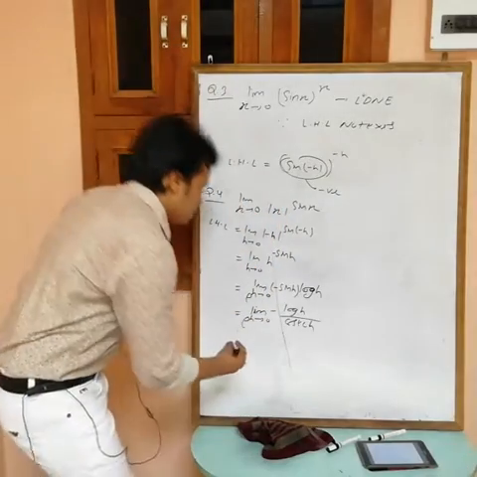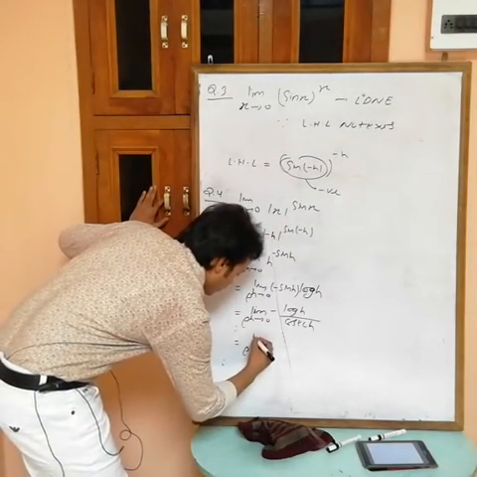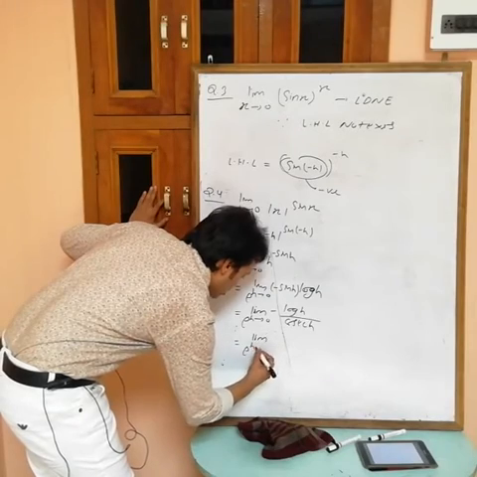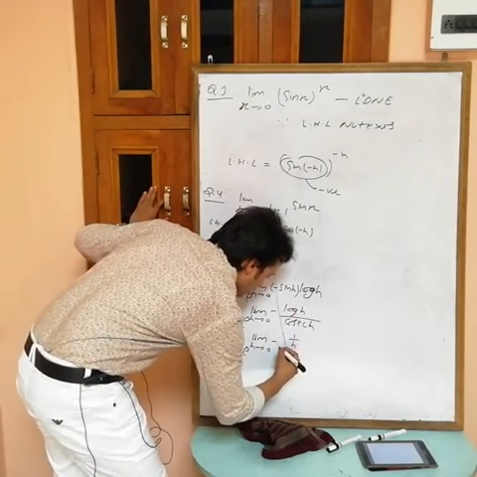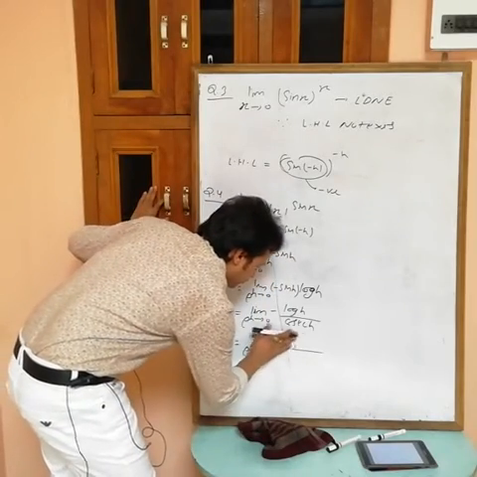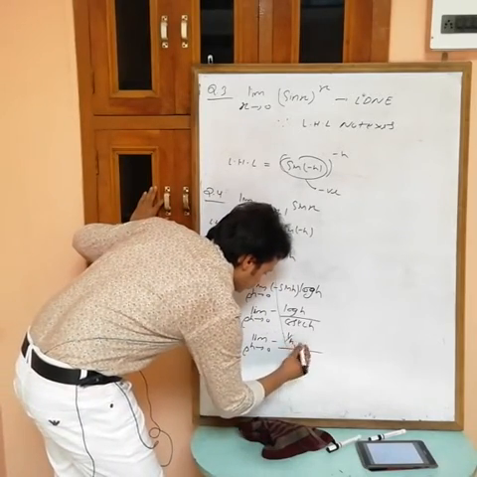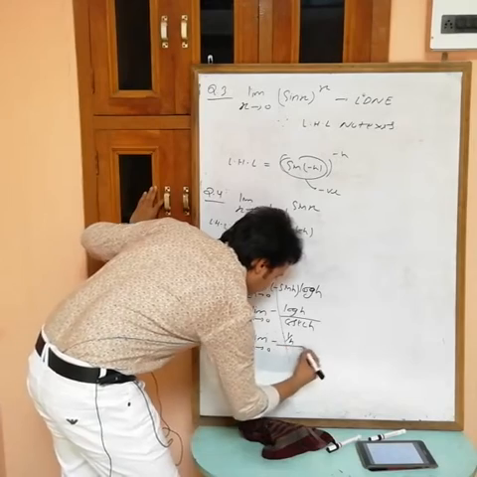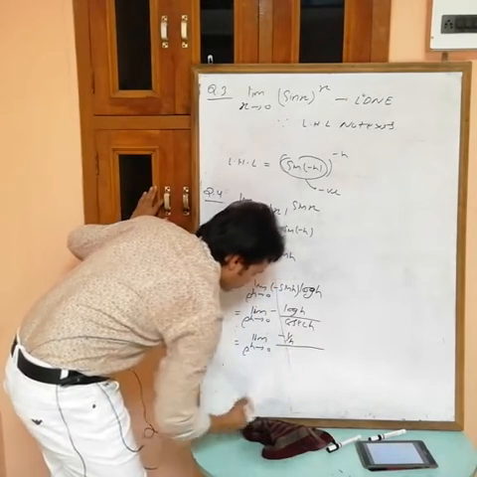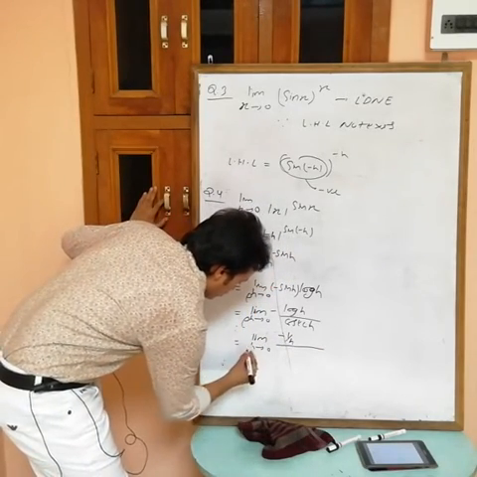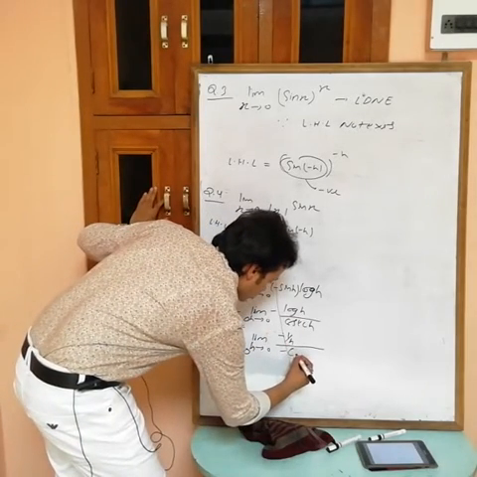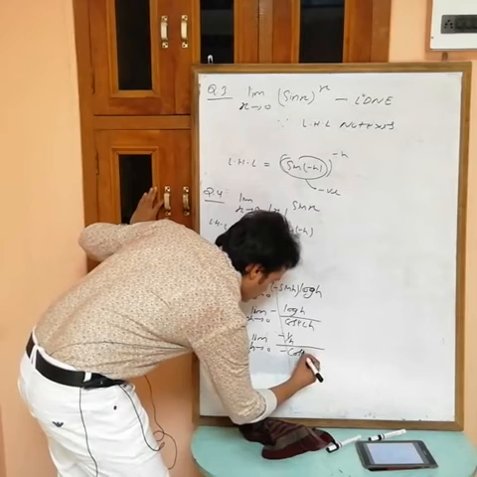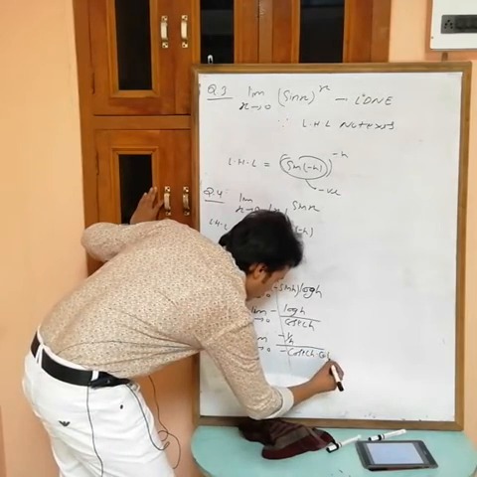If you use L'Hopital rule, then e power limit h tending to 0 minus differentiation of log h is 1 by h, and differentiation of cosec h is minus cosec h into cot h.